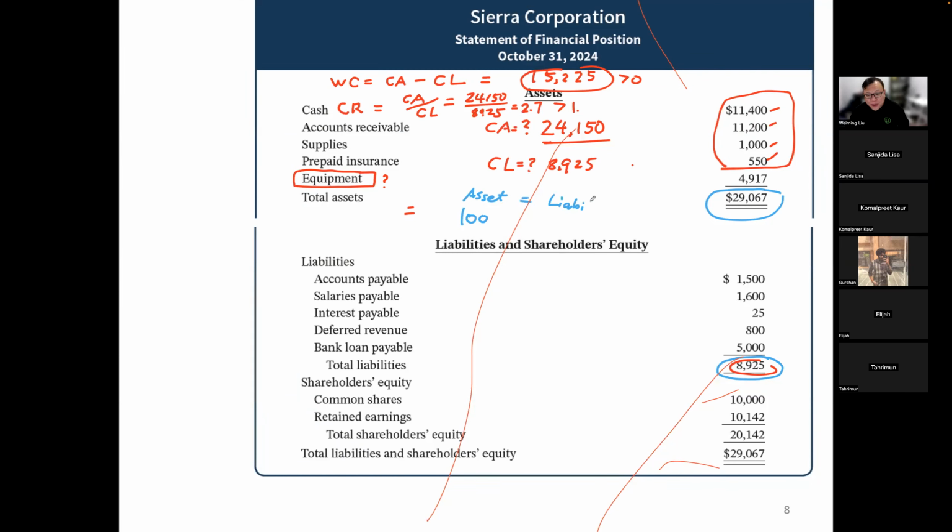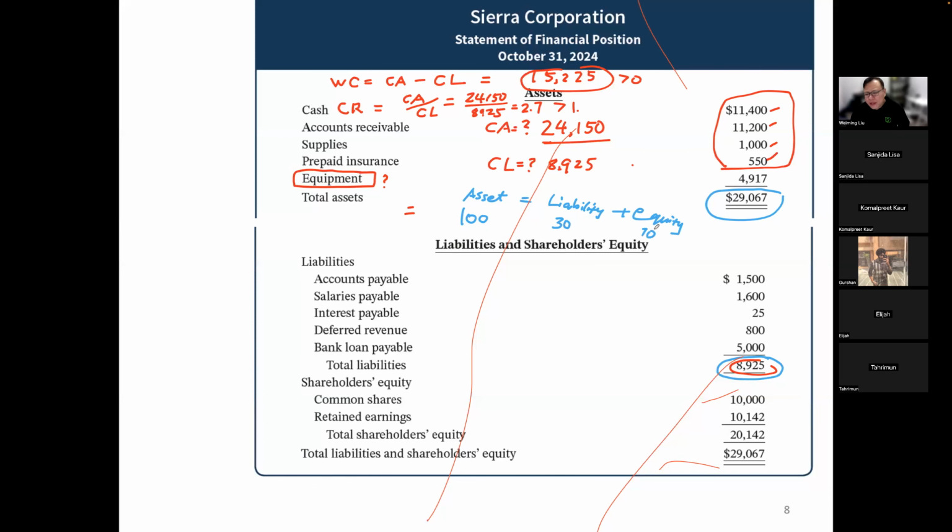If you calculate, it's 0.3. If the asset of the company is 100, how many of that is liability? How many of that is equity? That's correct. So 30 is for liability, 70 is for equity. So liability is 30, asset 100, that is your 30%, 0.3, right?